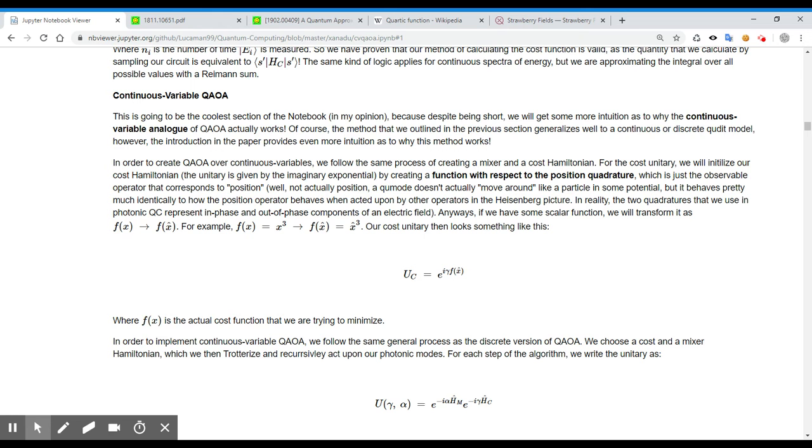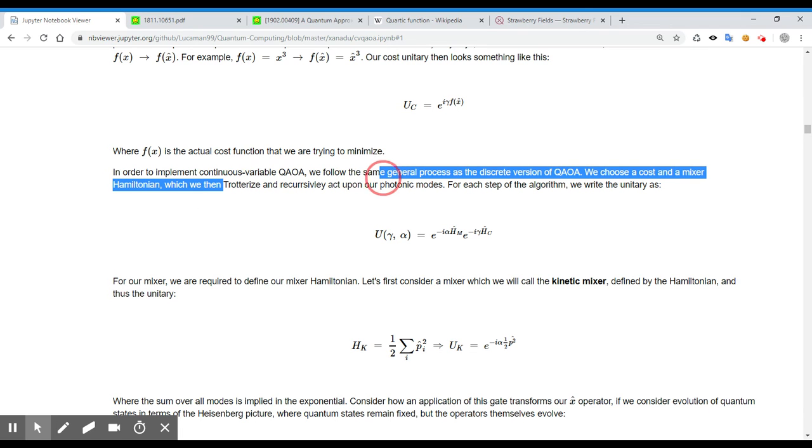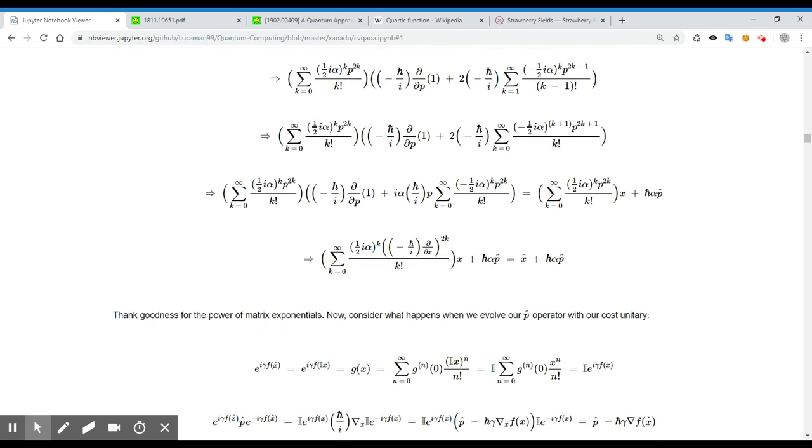This is the bit that I think is in Guillaume's paper somehow with CVQA. We follow this general process of a discrete version, which is a constant mixer Hamiltonian, which we then Trotterize and recursively act upon our photonic modes. For each step of the algorithm, we write the unitary as this and this and this and this. So anyway, there's a bit of theory, as I said.